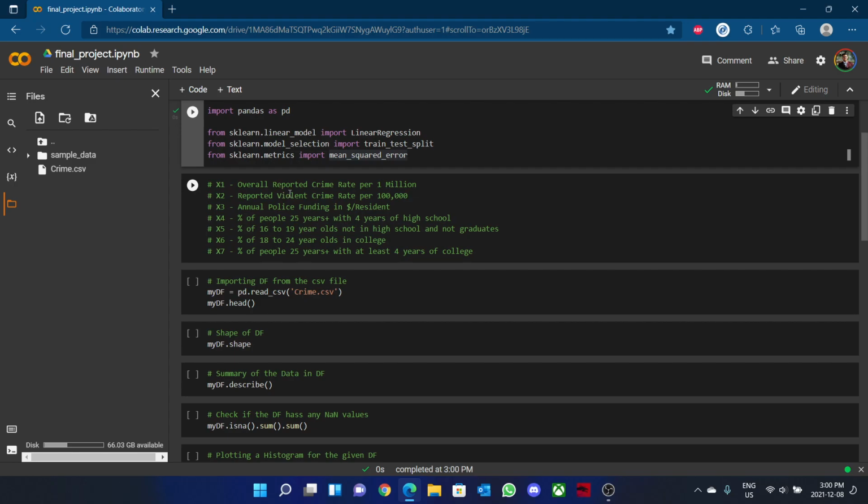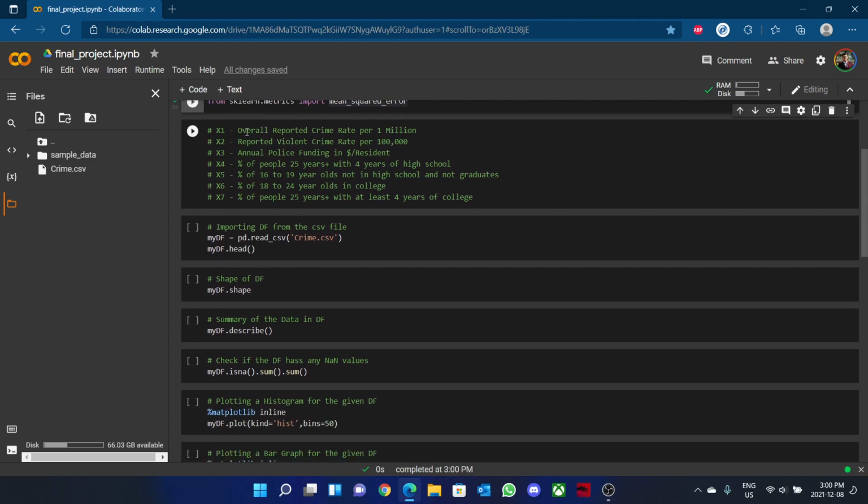So these are the values in the data frame. X1 stands for overall reported crime rate per 1 million. X2 stands for reported violent crime rate per 100,000 people. X3 is the annual police funding in dollars per resident in that area.